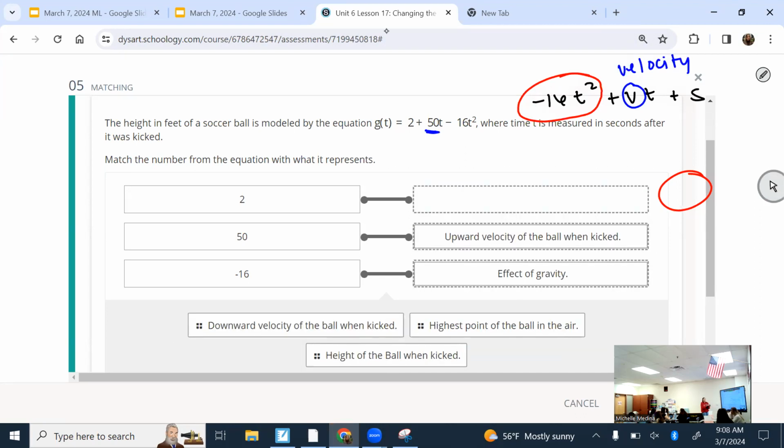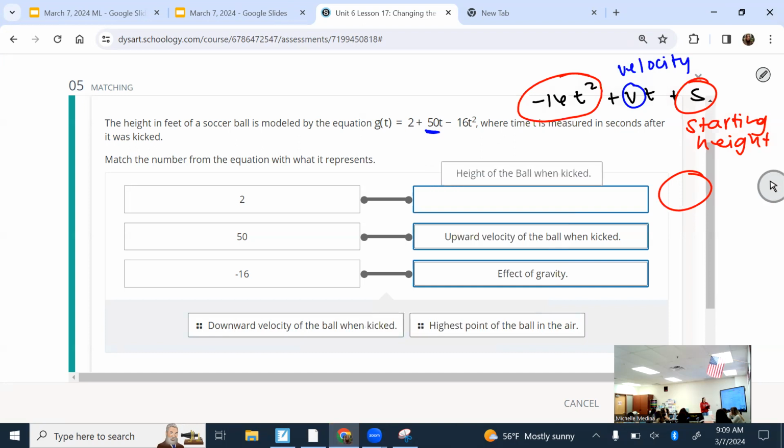And then the constant, and of course they changed the order, but you should still know the single number in your projectile motion problems is your what? Y-intercept, your starting height. So it looks like the ball was kicked to be in the air. So the height of the ball when it was kicked.